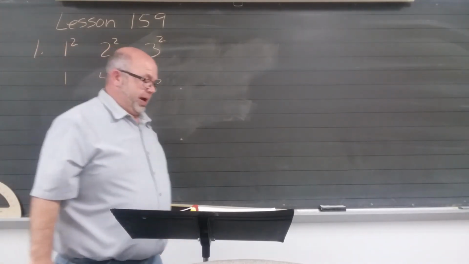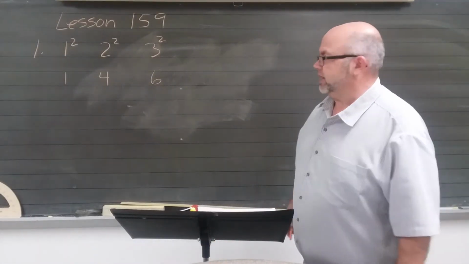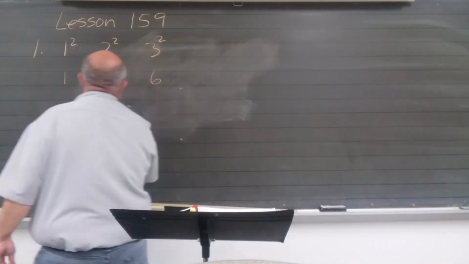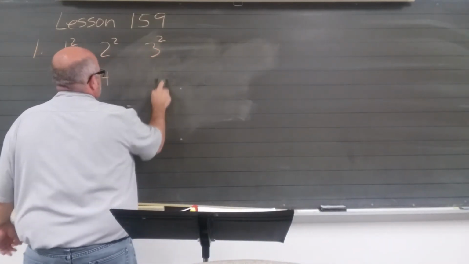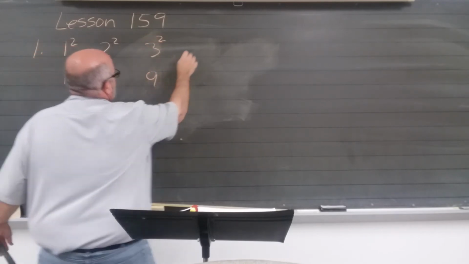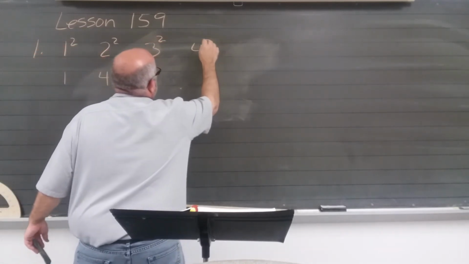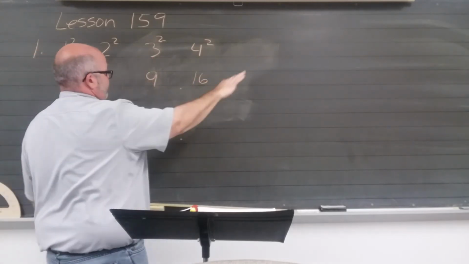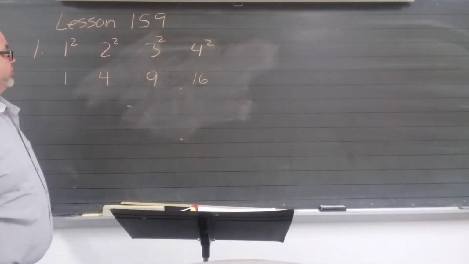I hope you all stopped me right there and said, no, that's not right, but I bet some of you didn't. 3 squared means 3 times 3, 9. Then you have 4 squared, 4 times 4, 16. So for number 1, just give me a list of the answers for that.